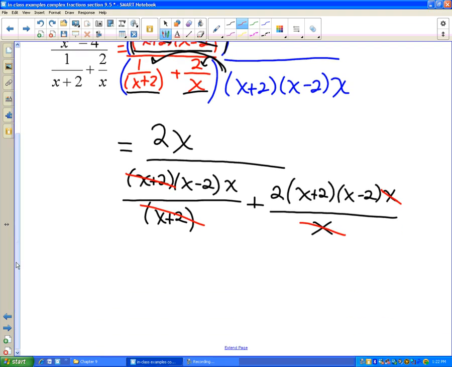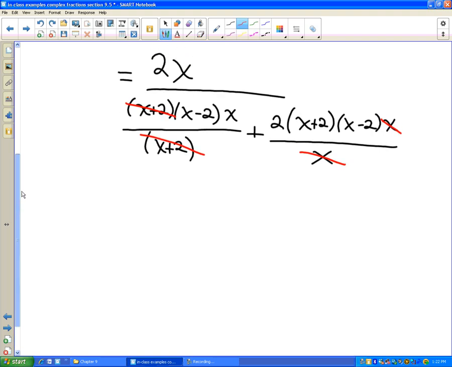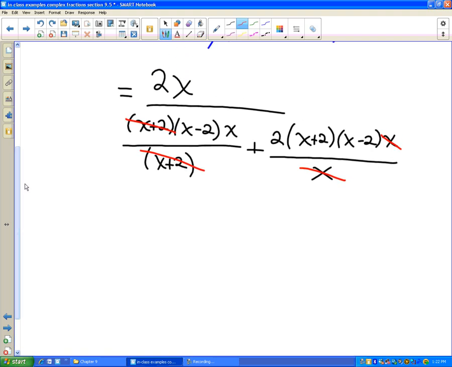And if I continue, my numerator stays the same, 2x. My denominator is now x squared minus 2x plus, well, I have to FOIL this out.